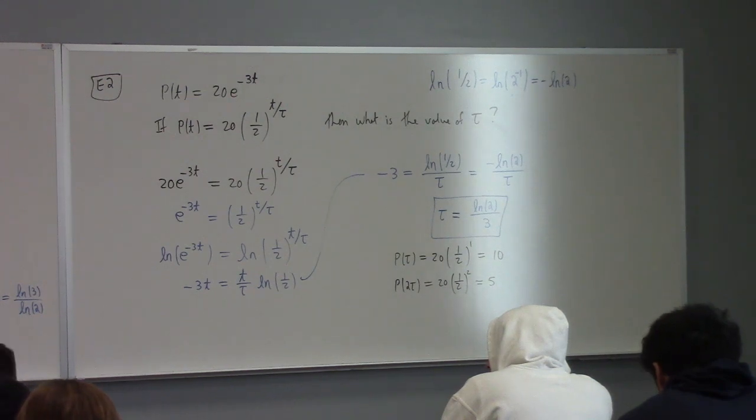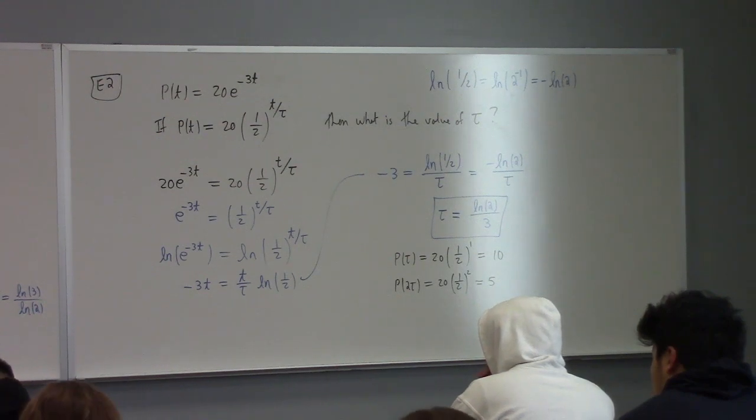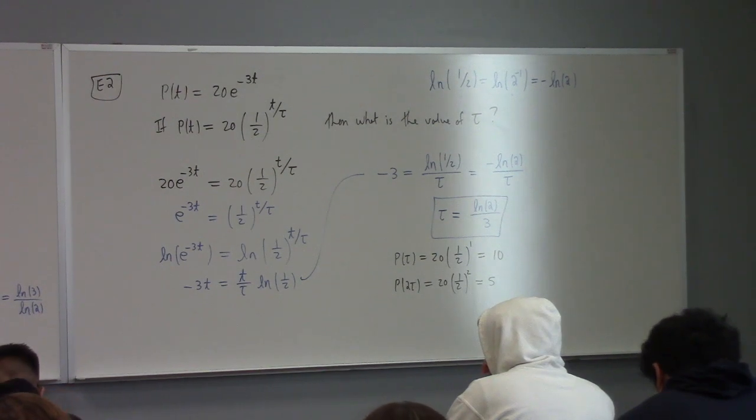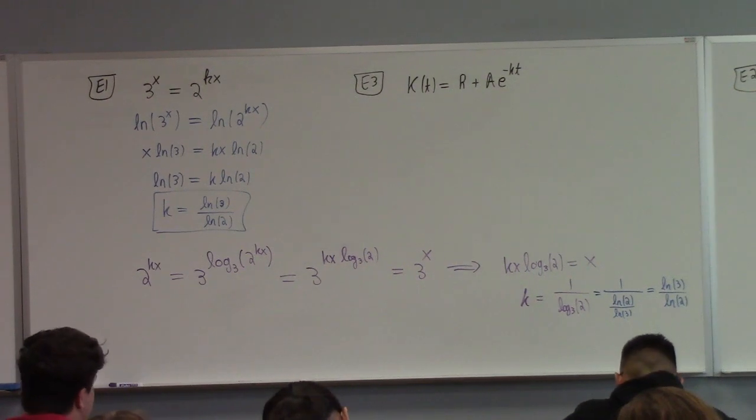So this formula is interesting. I'm using big K as the temperature. The temperature at time T is equal, yeah, R is the room temperature. What happens with this formula, if K is positive and T gets really large, what happens?